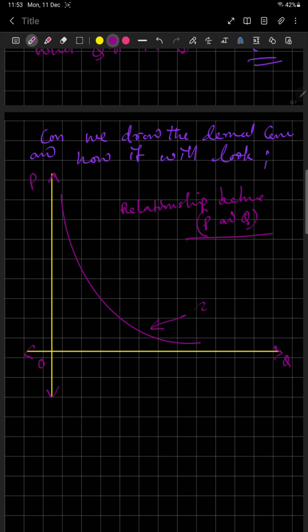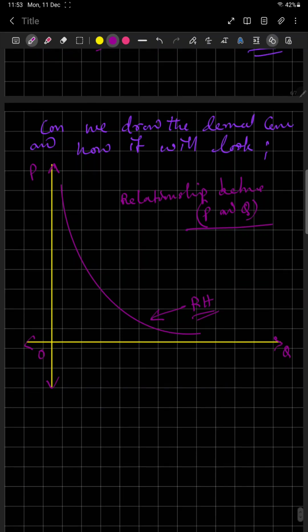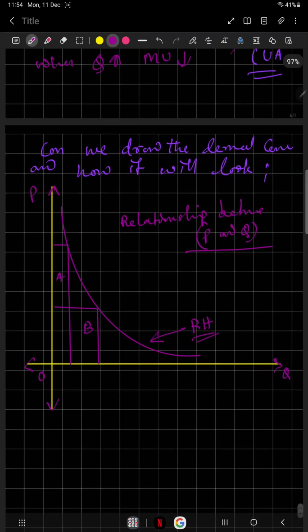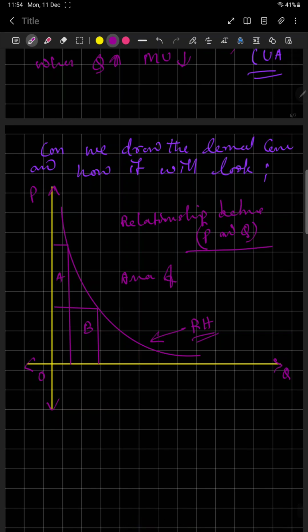So the shape is a rectangular hyperbola. What is a rectangular hyperbola? It is a curve, and whatever rectangles I get from this curve, suppose this is area A and this is area B, the areas of A and B are the same.